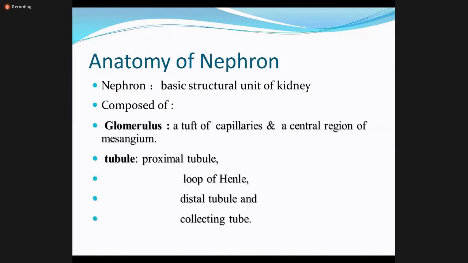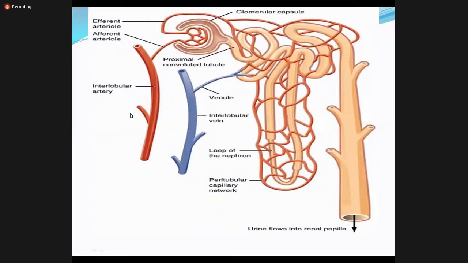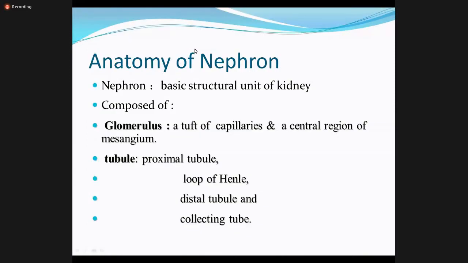Bismillahirrahmanirrahim. So the basic structural unit of the kidney is the nephron, which is composed of the glomerulus and tubule. The glomerulus is like this: glomerular capillaries, efferent and afferent arterioles, a tuft of capillaries, and a center of mesangium.